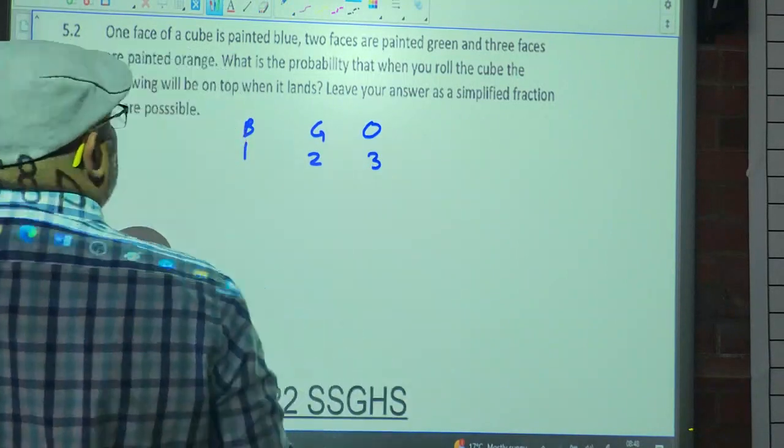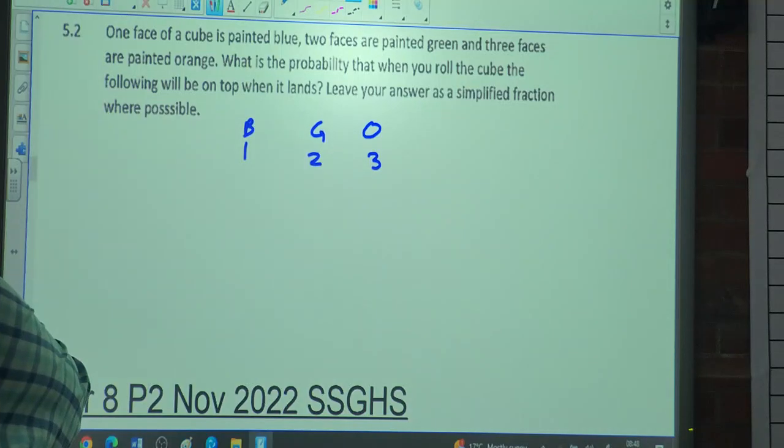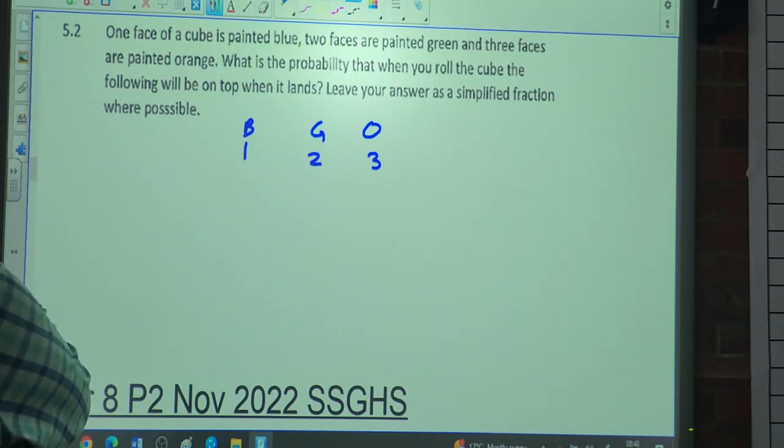What is the probability that when you roll the cube, the following will be on top when it lands? Leave your answers.